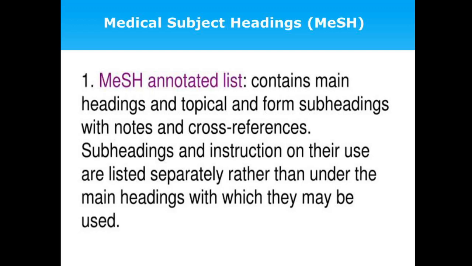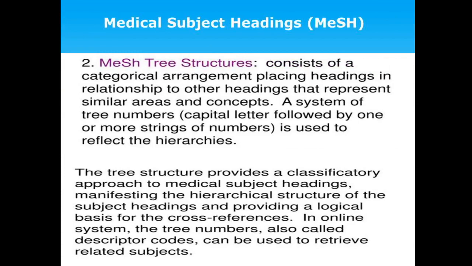Similarly, this MeSH annotated list contains main headings and topical headings, that is a topic or phrase, and form headings. We have discussed what form is: the intellectual and physical form of the document. These come with certain notes and cross references in order to give more detail about the heading. Tree structures, I have already told you, have a root and a branch-like structure.